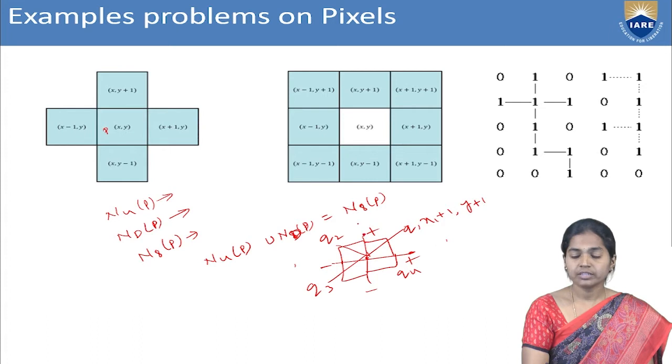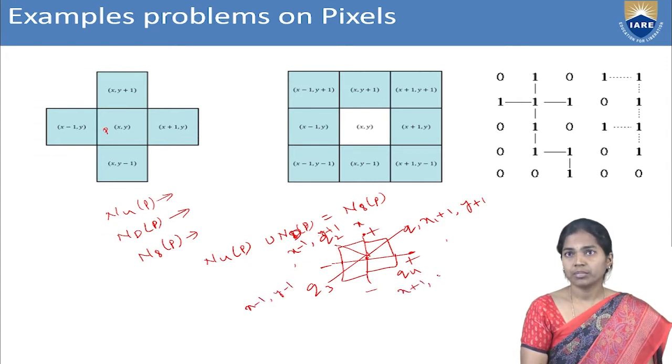For this quadrant, x minus 1 comma y plus 1. From this side, x minus 1 comma y minus 1. Here x plus 1 comma y minus 1, where y is minus and x is plus.